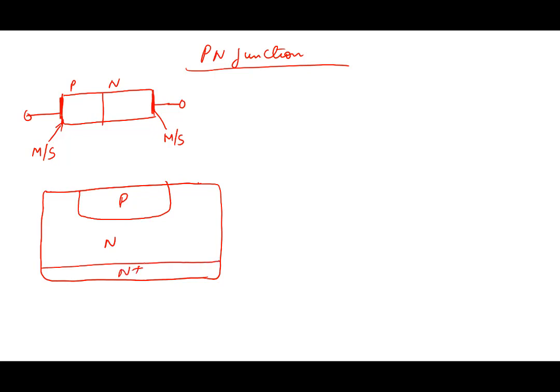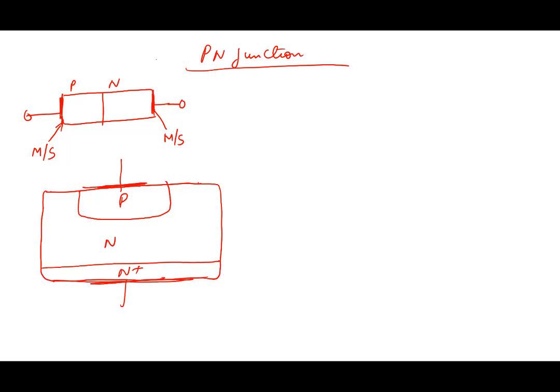This is one way of looking at it, and you have a contact here and a contact here, and maybe this is a vertical p-n junction. So it may look more like a piece of n-type silicon fabricated on an n plus layer, and then you implant or diffuse a p-type layer there, and then you create a p-n junction.